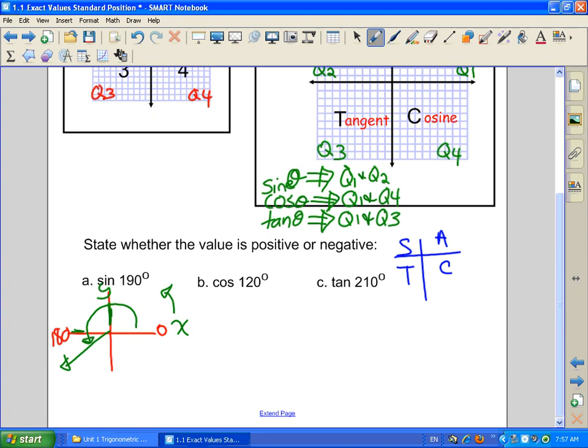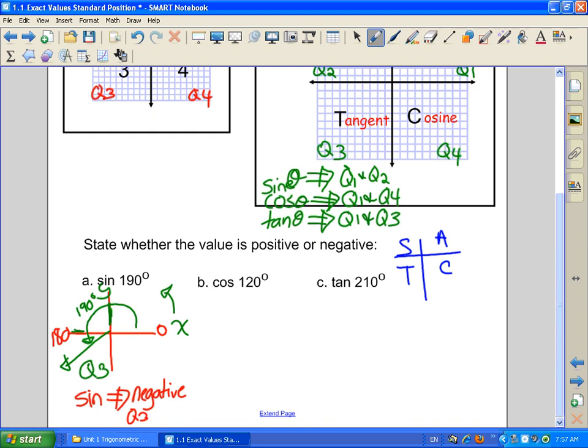It's more than halfway; halfway is 180. So what quadrant is this in? This is actually in Q3. Looking at Q3, is sine positive or negative? It is negative. So the sine is negative in Q3.